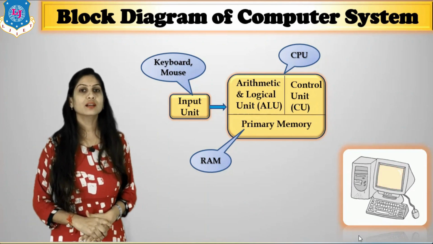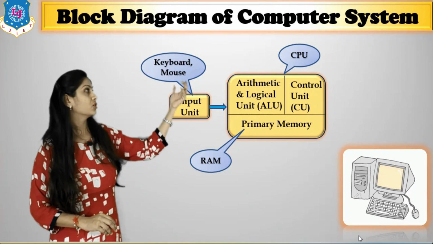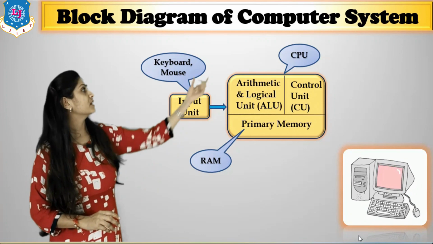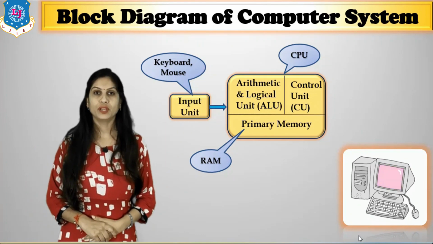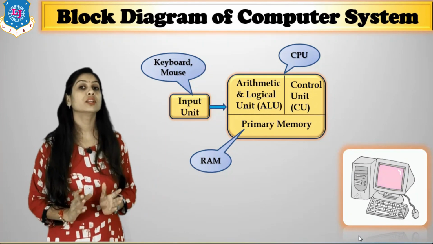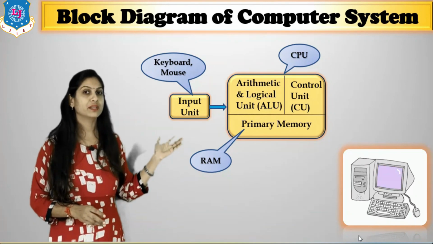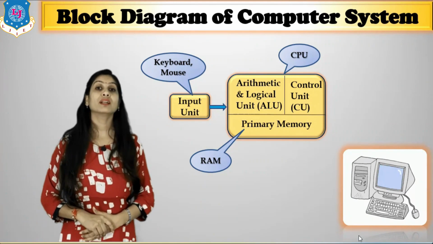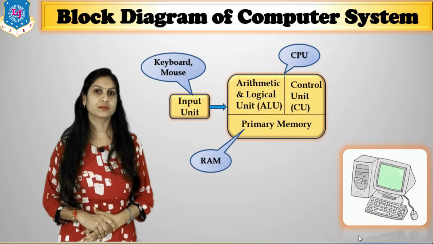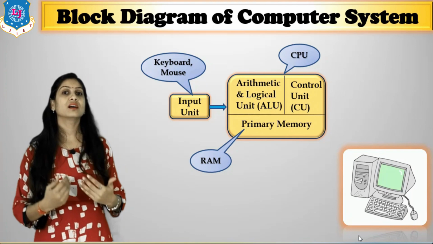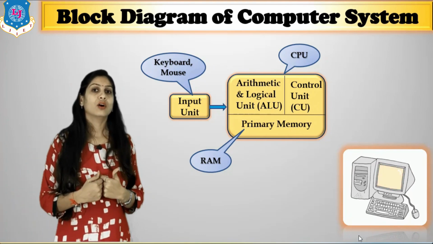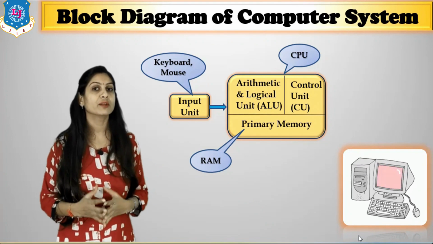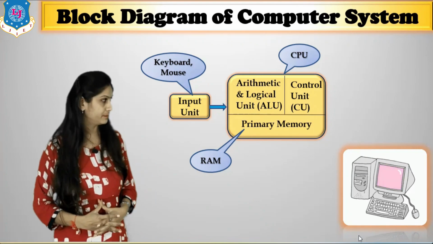So all these operations are done in the ALU. The second part of the CPU is the control unit that controls all other units like input, memory and output unit. So the CPU is nothing but the brain of our computer system that takes the decisions for all other units and controls all the hardware parts of a computer system.